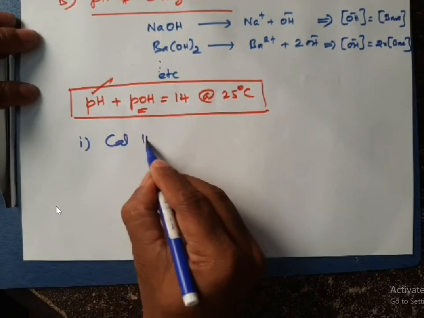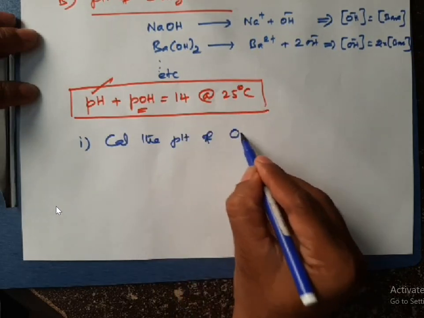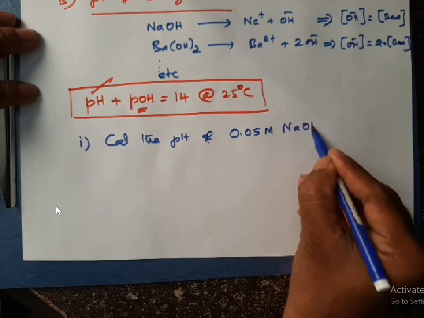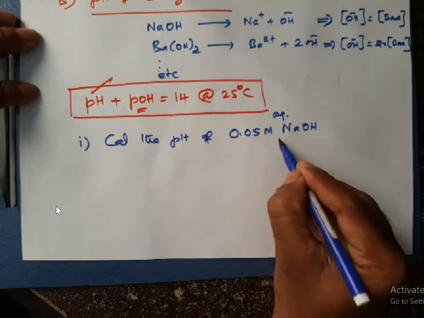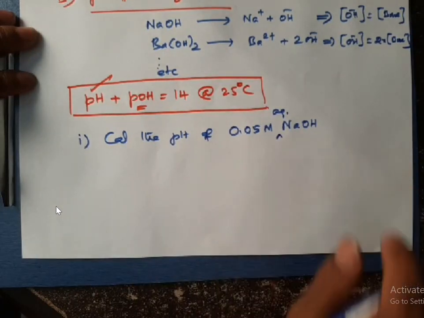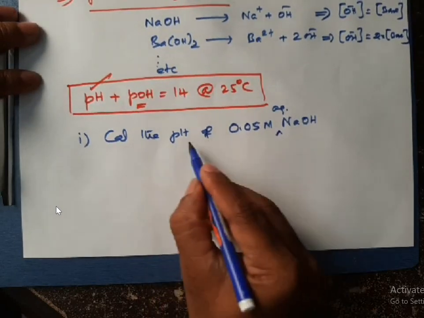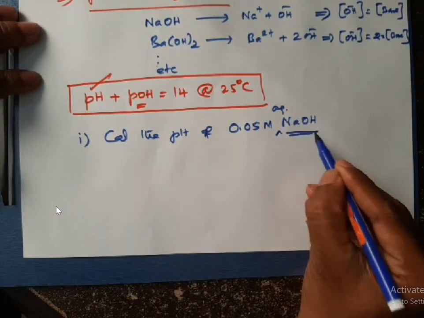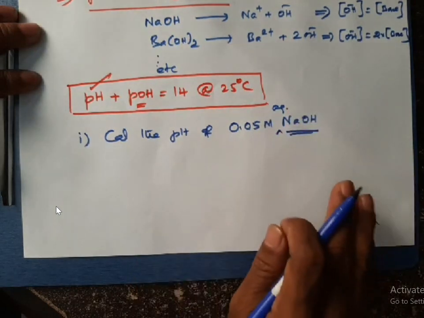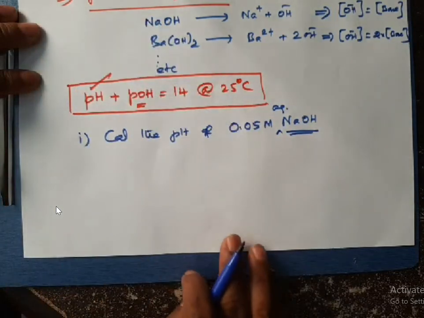Calculate the pH of 0.05 molar aqueous sodium hydroxide. Temperature is not given, that means temperature is 25 degrees Celsius. Now, we have to calculate pH, but the substance given is a base. Therefore, first you calculate pOH. Then using this formula you calculate pH, that's all.